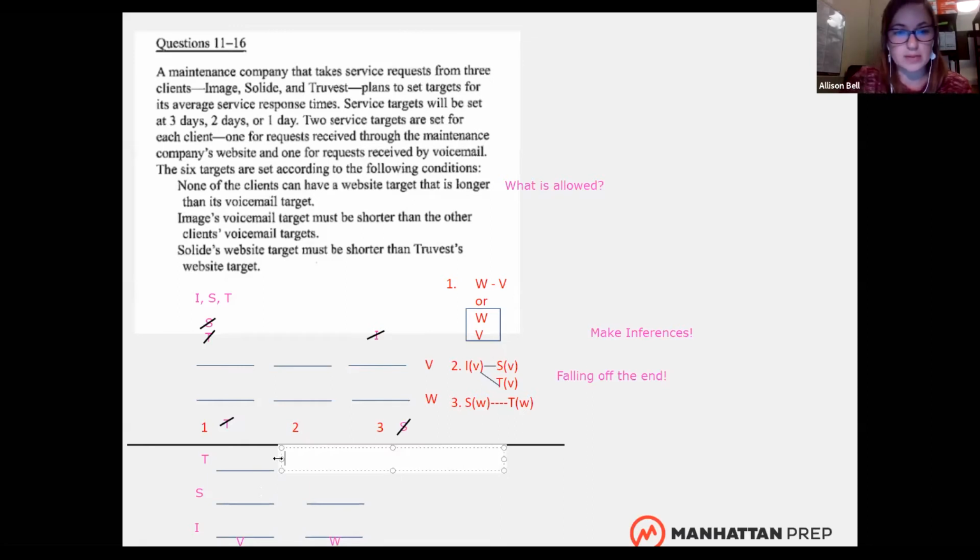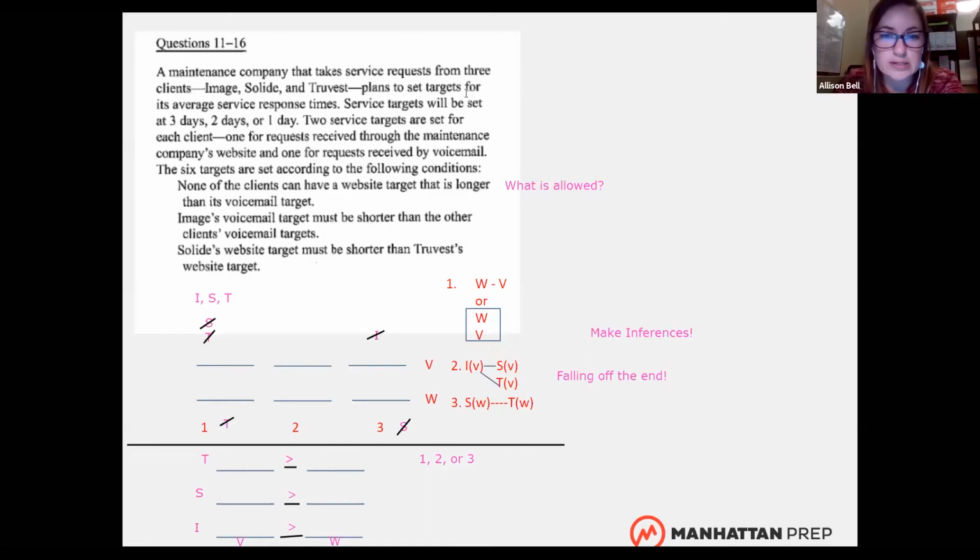So if I'm using numbers, that means that V is going to be greater than or equal to W. So I'm going to use my old friend, the alligator symbol, and I'll add the equal to sign to show that that number for V is going to be larger. I know that all these numbers are going to be 1, 2, or 3, so I'll put that over here as my bank. Let's see if we can narrow it down a little bit.